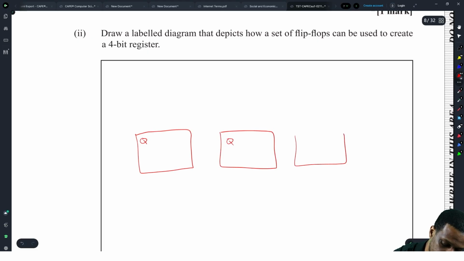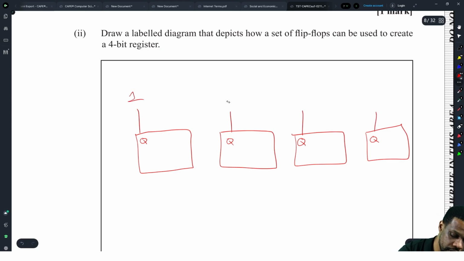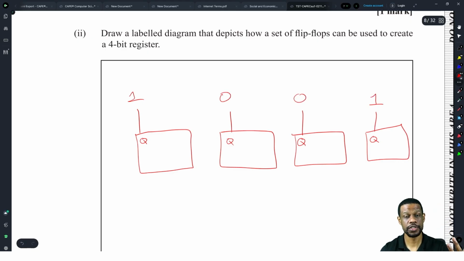And each one of these Qs will be able to store a bit of information based on the output that you get here. So essentially you're going to have like 1, 0, 0, 1, something like that. This is how they actually store information inside of a register.